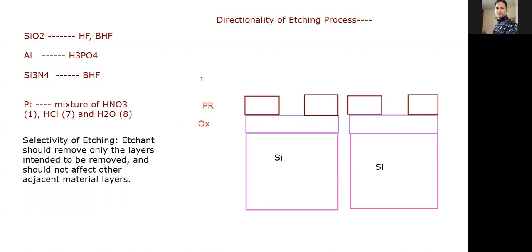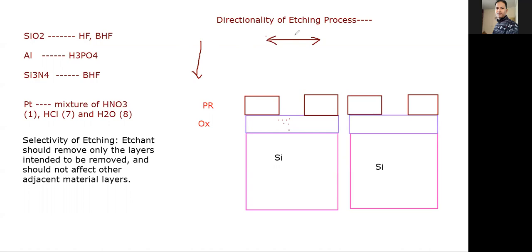Now let's say we perform etching. If we perform the etching process, there are two types of possibilities. One is that the etching rate is in the vertical direction, the other is in the horizontal direction.